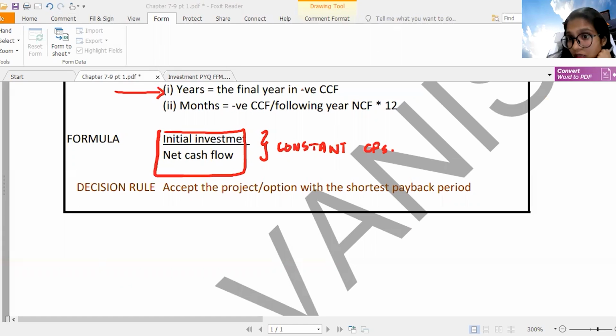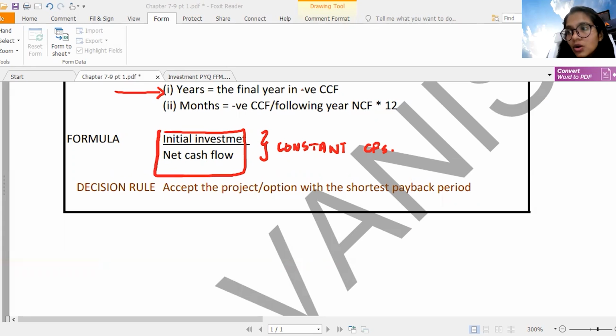Another good thing about the payback period is the fact that it uses the cash flow basis compared to the profit. So you're actually looking at the cash that is channeled to the company, and as a result of using the payback period method, it will actually act as a screening device.